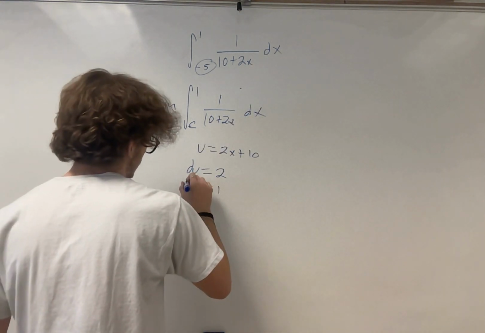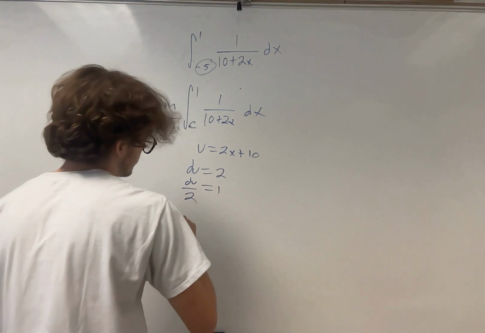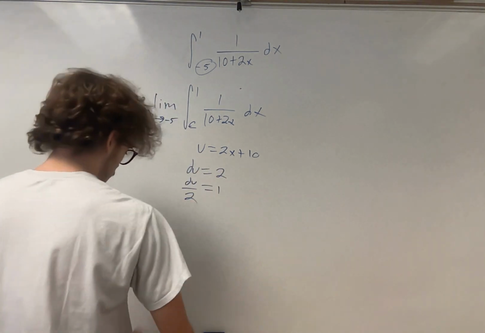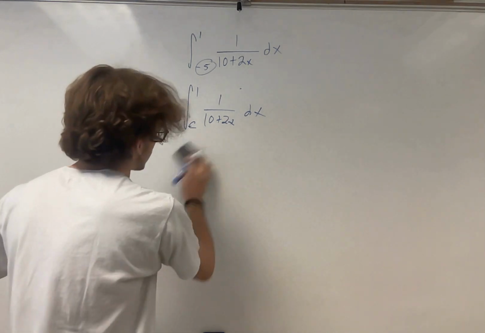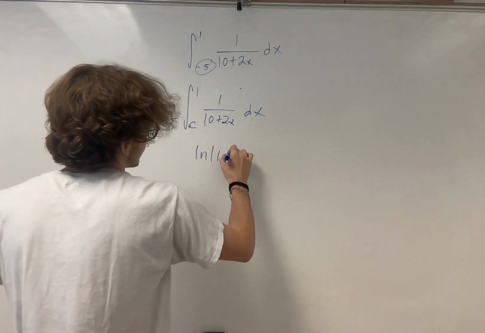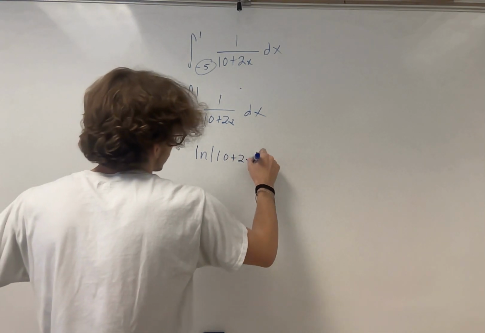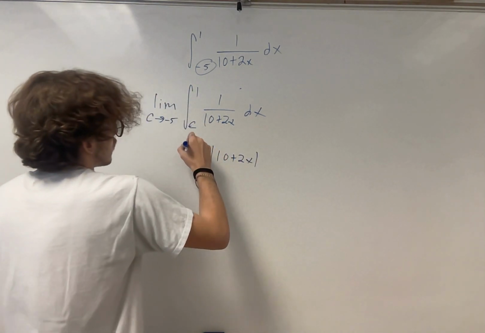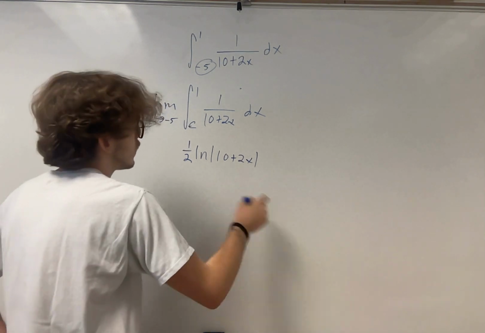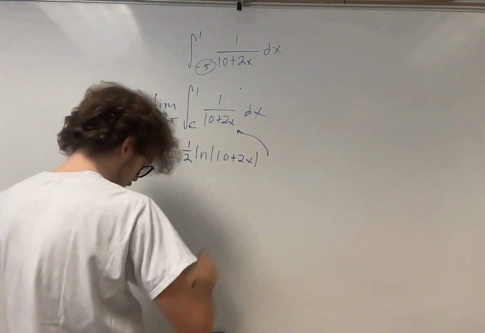So dx equals du over 2. Hopefully that makes sense. So what this simplifies to is the natural log of the absolute value of 10 plus 2x. And then we need to bring out a 1/2 here, right? Because when we take the derivative of this, we'll see that we get exactly this.